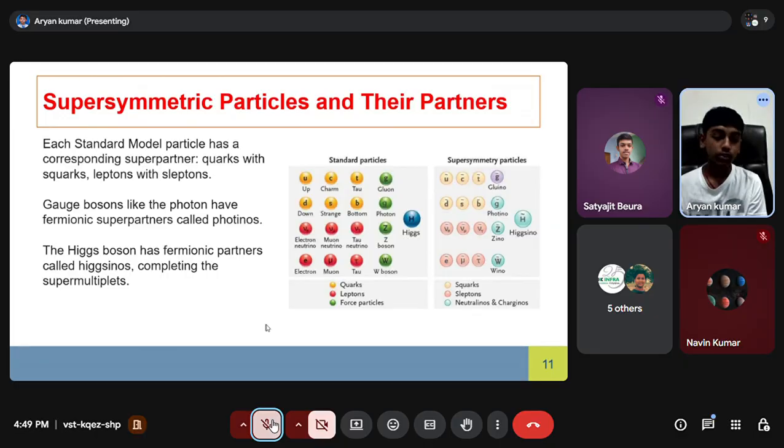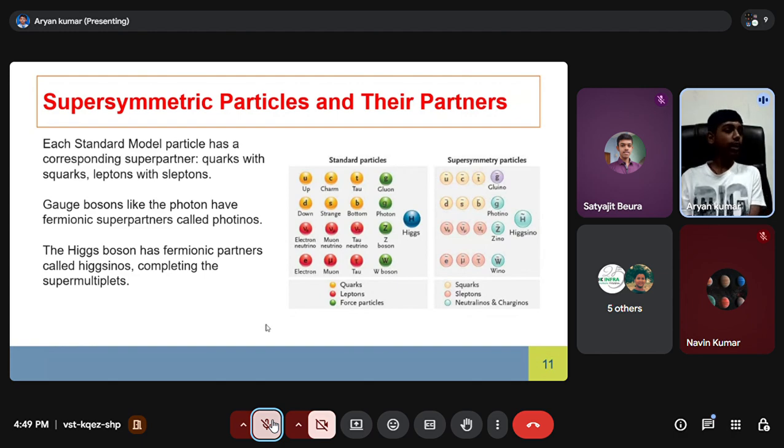Supersymmetry also helps us with the hierarchy problem, and it is also a contender for dark matter. There is the neutrino, we all know. It has an 'ino' at the end because it's the super partner of the neutrino, and it is supposed to be heavy like dark matter.